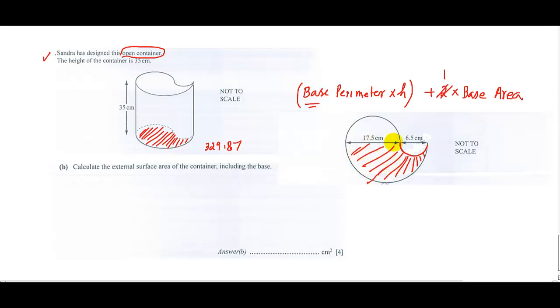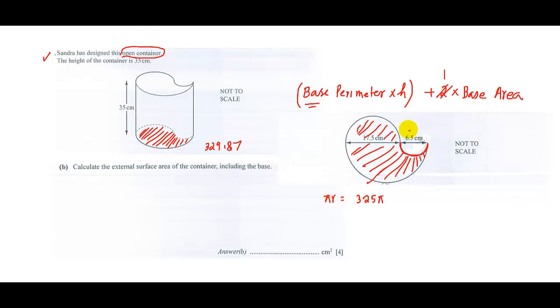So first we have to find the length of this curve. The circumference of the full circle is 2 pi r, and since it is a semicircle, it is pi r. The diameter is 6.5, so the radius is 3.25, and the length is 3.25 pi.